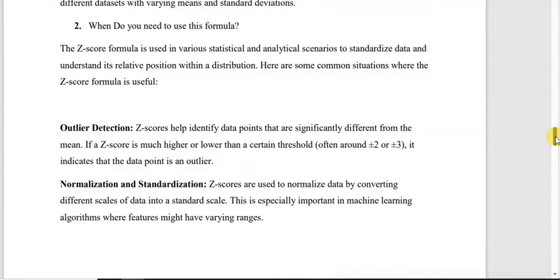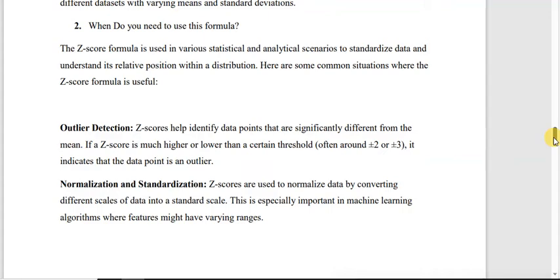Here are some of the common situations where the z-score formula can be applied. For example, the detection of outliers.